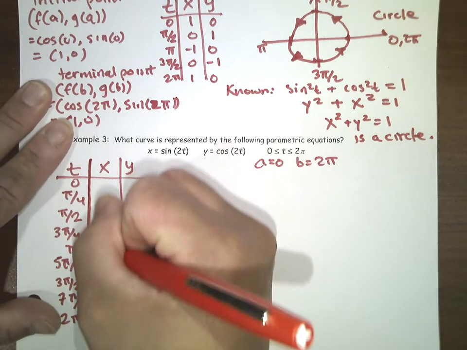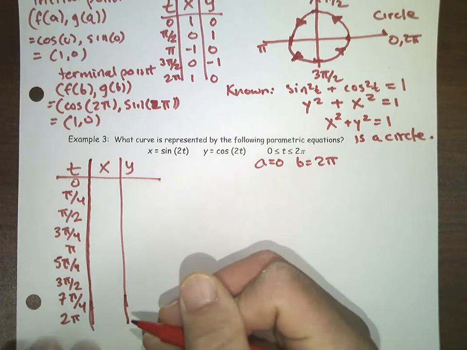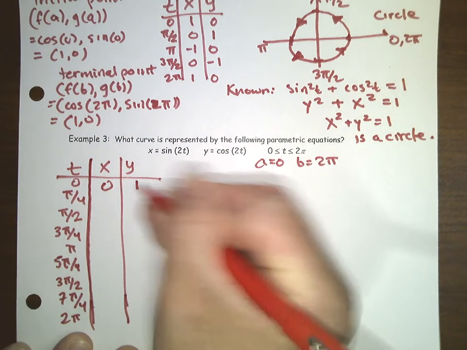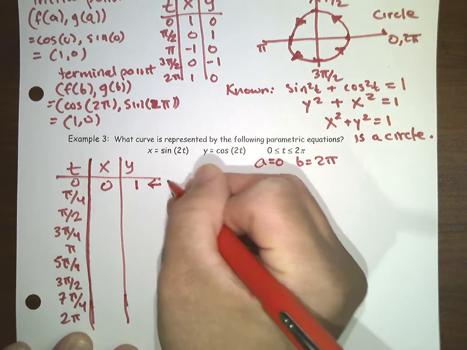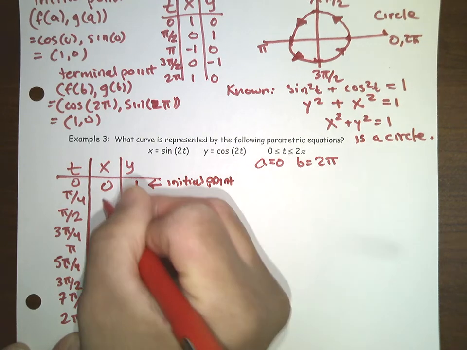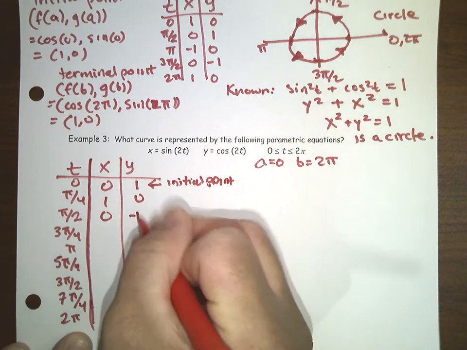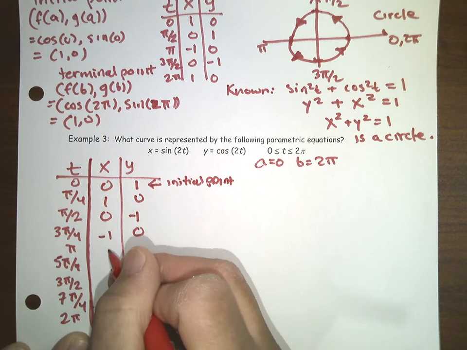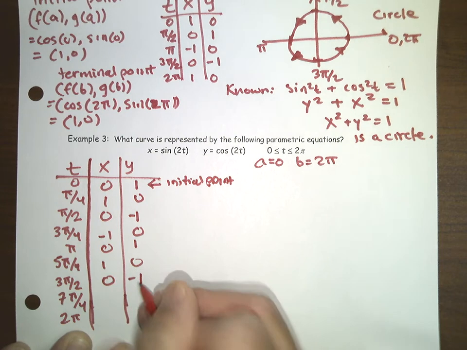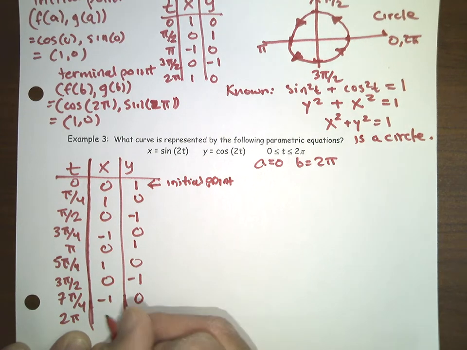If I substitute in the values for x and y, I have a (0, 1), which is again called the initial point. And then I have (1, 0), (0, -1), (-1, 0), (0, 1), (1, 0), (0, -1), (-1, 0), and (0, 1).